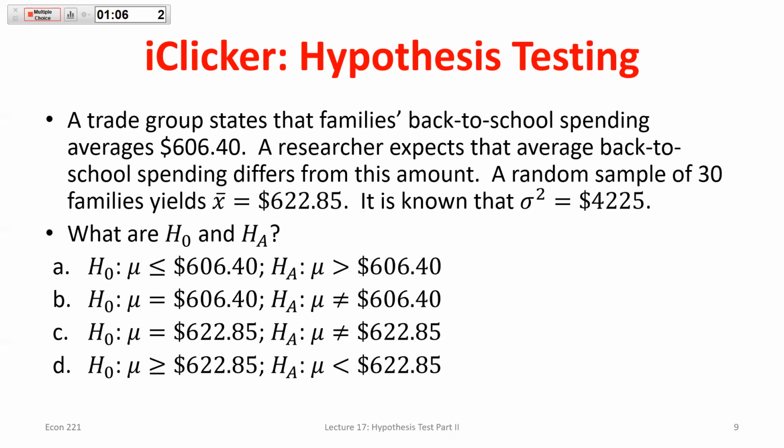I assume the opposite is true, that it is equal to $606. So we've got a two-tailed test here. If I see evidence on either side, that would go against my null hypothesis, which is just that it's equal to a very specific amount.